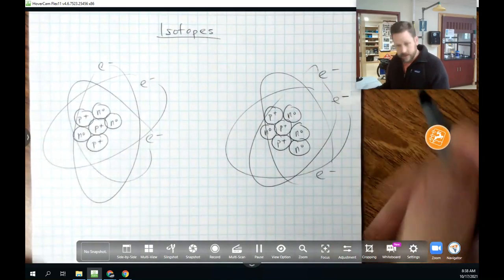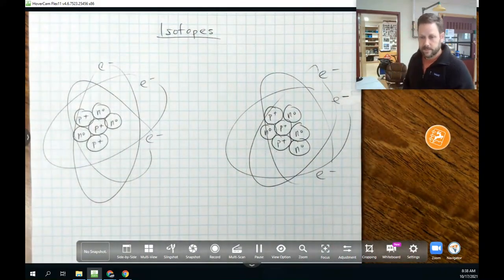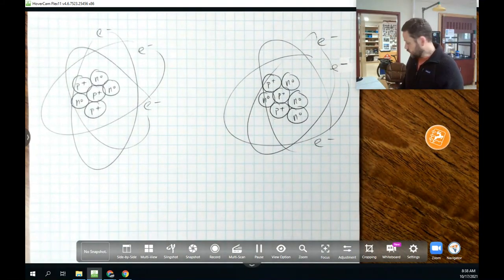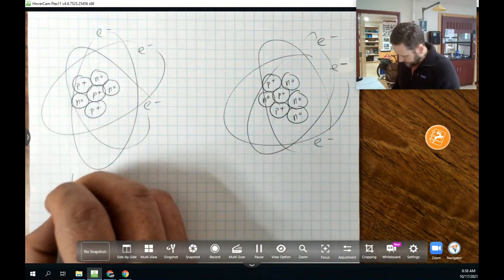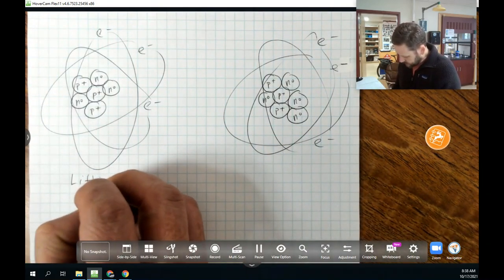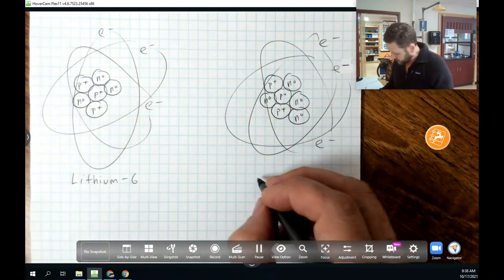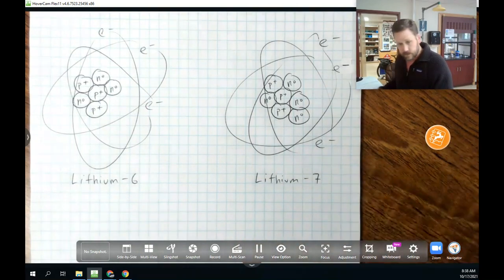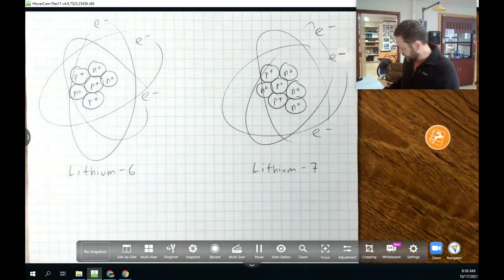I've drawn 3 electrons around each atom, suggesting that they're neutral lithium atoms. But the difference between these 2 atoms of lithium really lies in their mass. We're going to name this one lithium 6, where 6 is what we'll learn is called the mass number, and we're going to name this one lithium 7. And these are the 2 common isotopes of lithium, or the 2 naturally occurring isotopes of lithium.